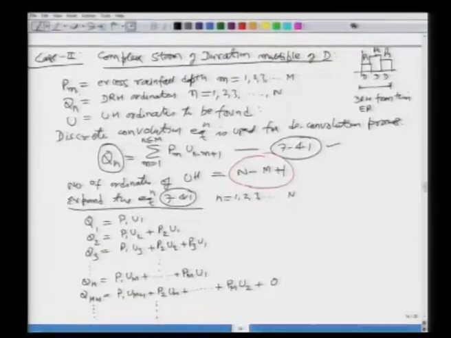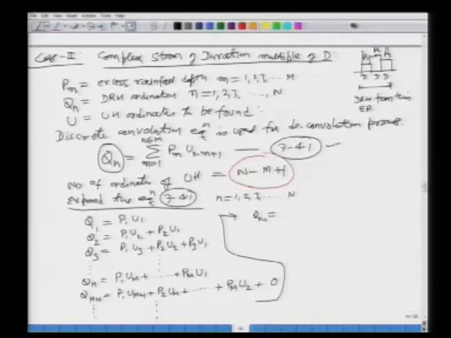So, what I am going to do is from here I will go here, and then write the equation for q n minus 1. I am giving you all the equations so that you can expand this for any value of n and m.